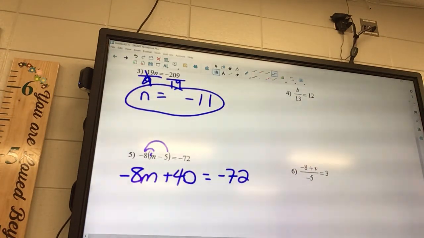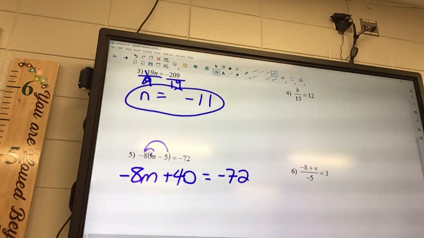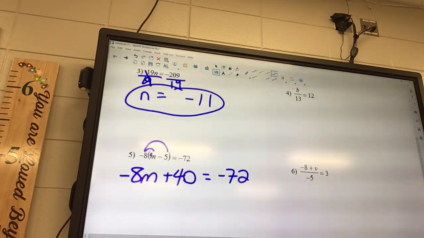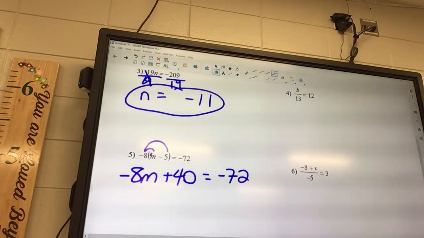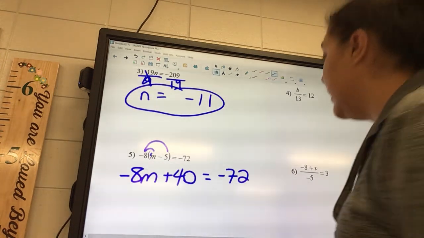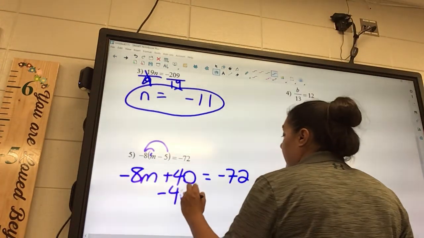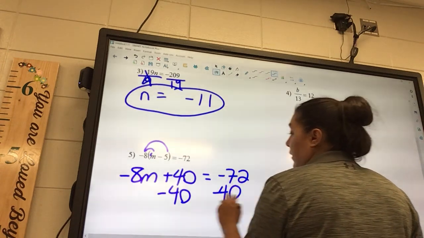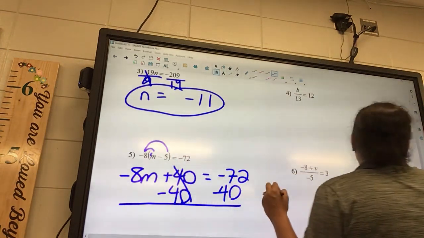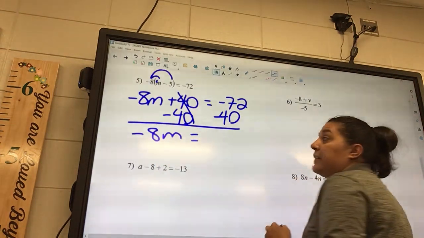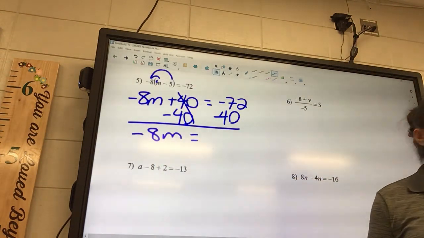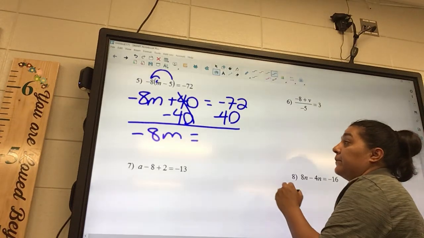Okay, is there anything for us to combine? No. So then are we going to add or subtract? Subtract 40 from both sides. So I'm going to get negative 8m, and then I got a negative 72 minus 40. What is that?